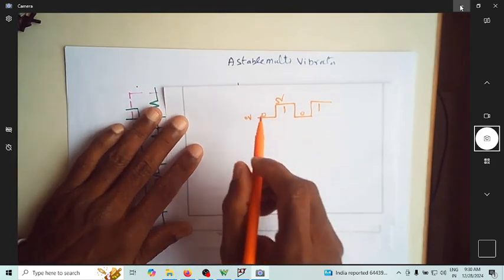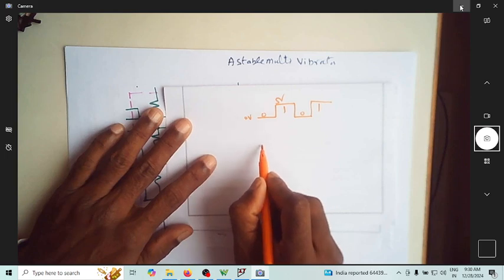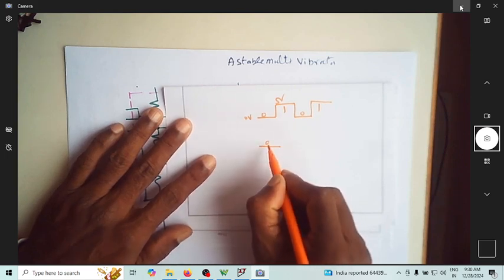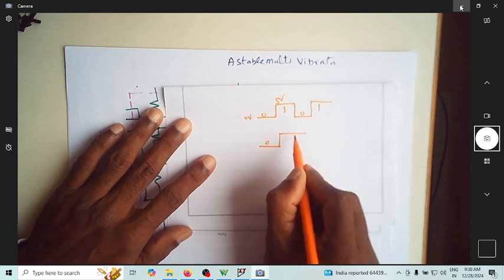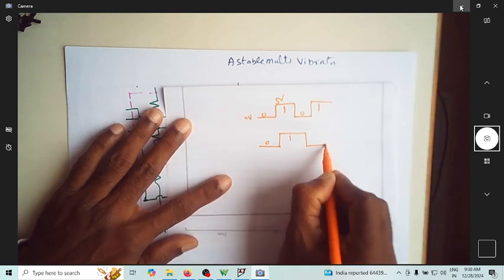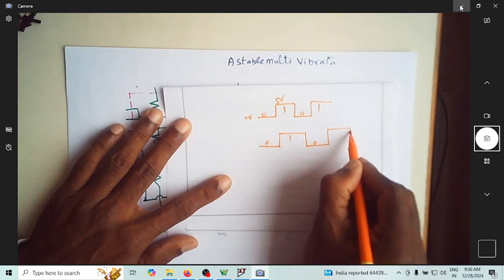Now when it is said astable, the state 0 is not stable for a long time. If it is in state 0, it stays there for a certain time and then goes to state 1. Even state 1 is not stable, so it keeps changing its state from 0 to 1 and 1 to 0, happening repeatedly.